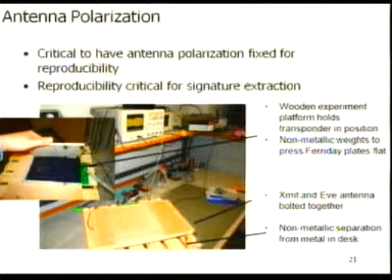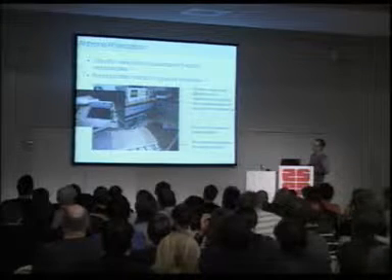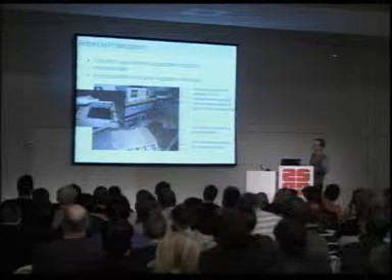Something he had to really take care of was to make everything completely stable, so that we don't have any antenna differences or whatsoever. So we built this kind of wooden device, fixed.